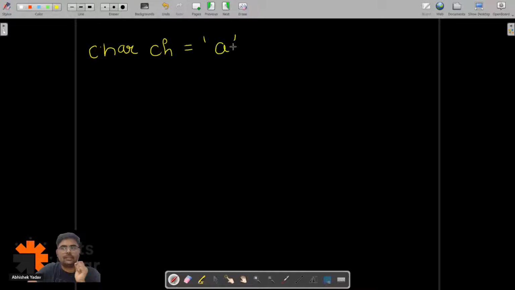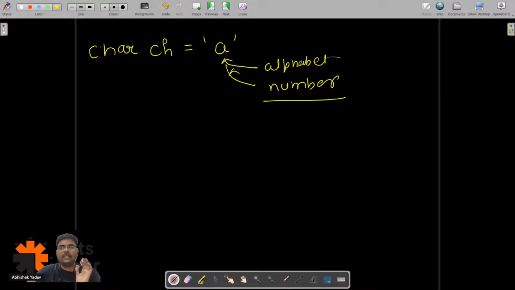Inside the single quotes I have to write the character, and this character can be an alphabet or a number. If you have to treat a number as a character, you write it like this, '1' or '2'. This is what a character is.